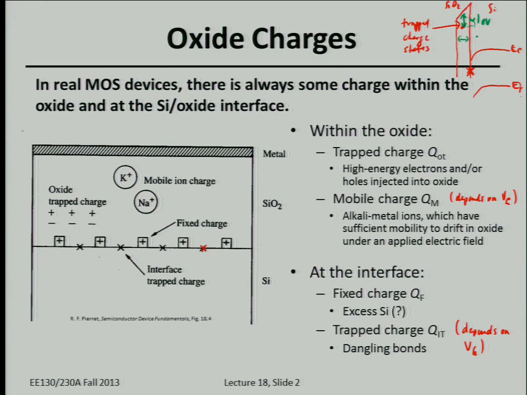So electrons tunnel in and out, and over time you have variations in the inversion charge density. That leads to variations in the MOSFET current, because the inversion charge density is now a function of time.